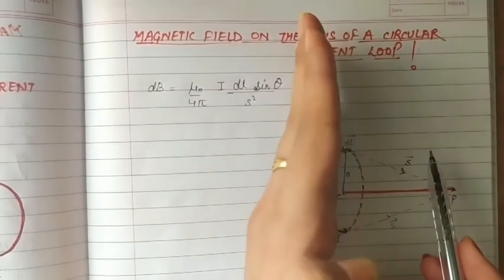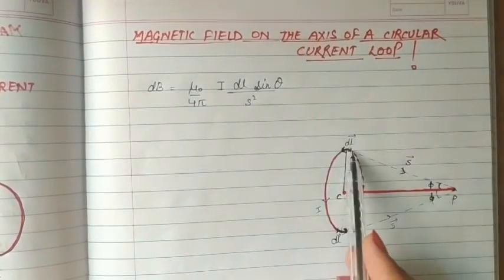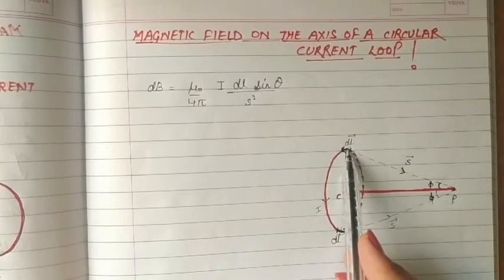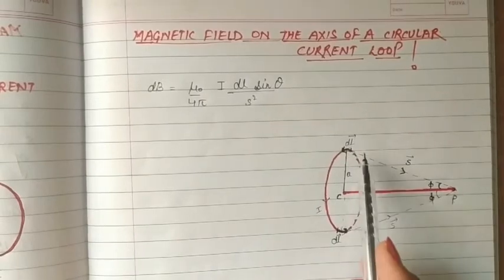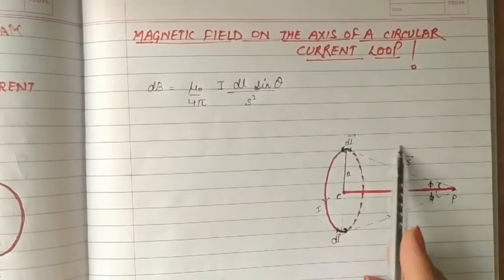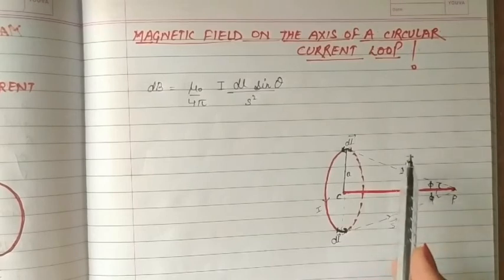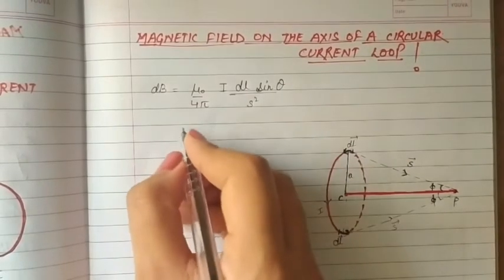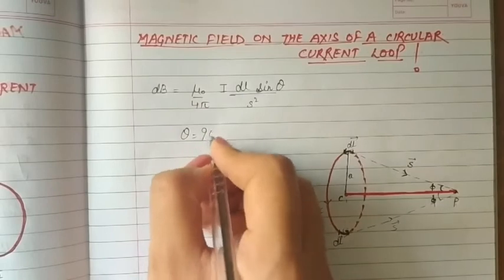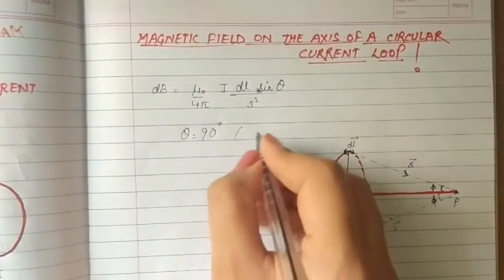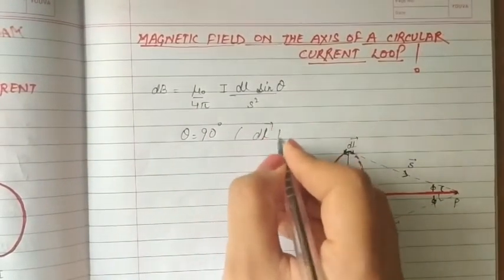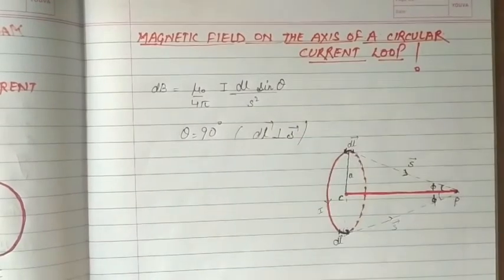So the dl vector is like this, perpendicular to the plane of paper, and s vector is in the plane of paper. So the angle between dl vector and s vector will be 90 degree. So this implies that theta is equal to 90 degree because dl vector is perpendicular to s vector.